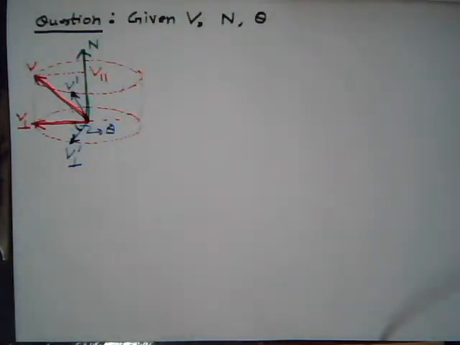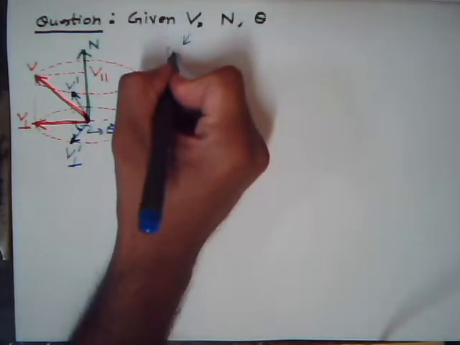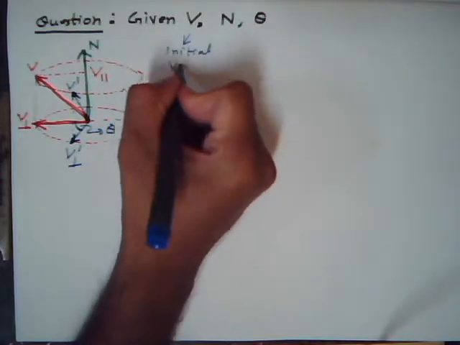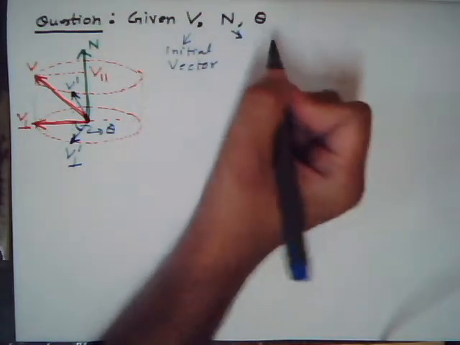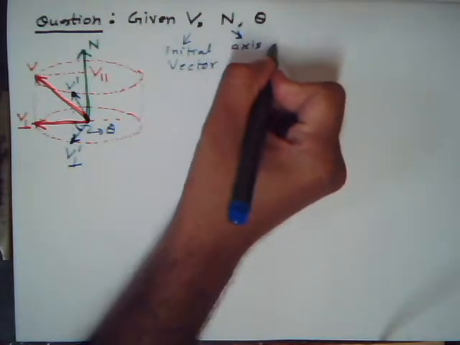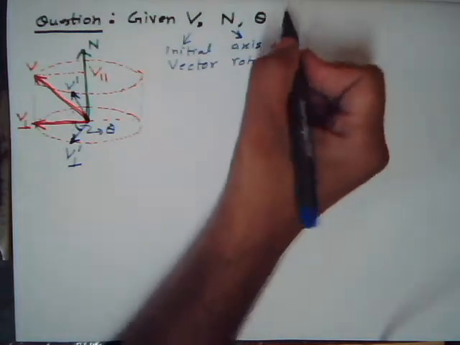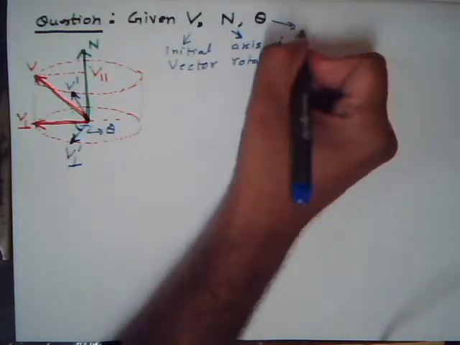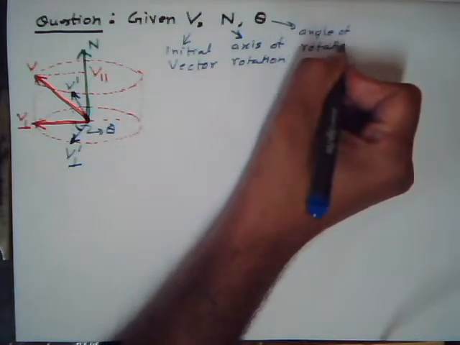So let me reiterate the question that we are trying to answer in this video once again. Given V, which is the initial vector or the initial position of the vector, then N, which is a unit length vector or the axis of rotation, and theta, the amount or angle of rotation or the magnitude of rotation.